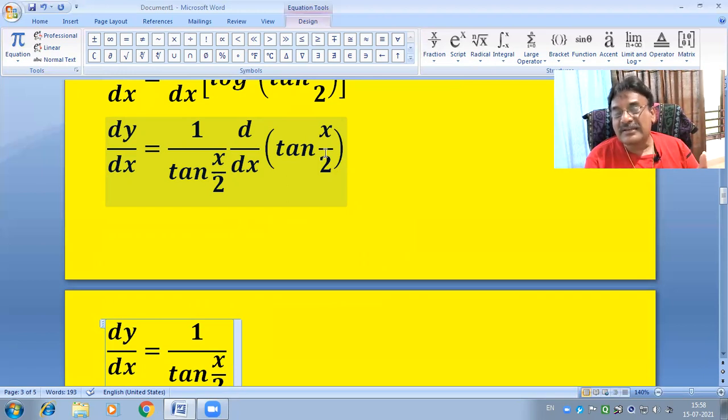We use here indirectly the chain rule. And for using this chain rule, remember the formula d/dx of tan f(x) is sec square f(x) into f dash of x. We use this result, and f(x) is replaced by x by 2. Therefore, here sec square x by 2 into d/dx of x by 2.